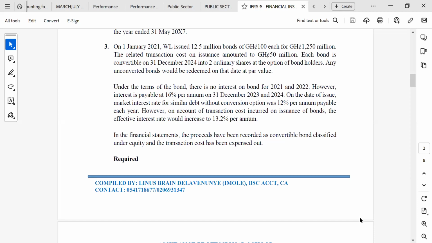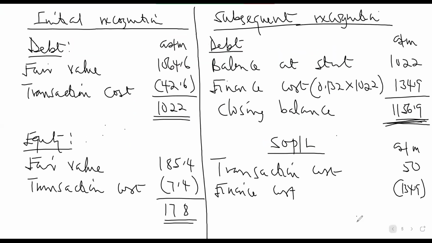So it means that they are showing the total amount as 1250 under equity, but the figure that should be shown under equity is what amount?